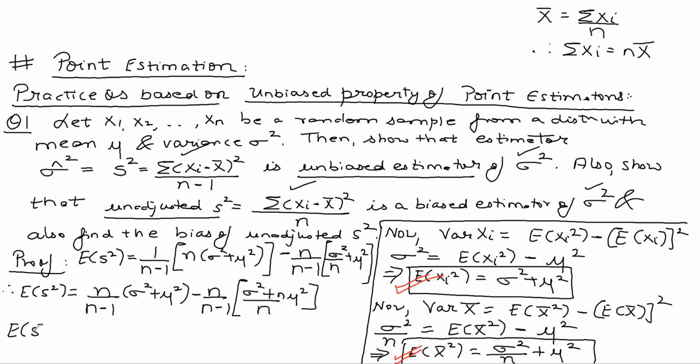Now guys, within these two terms, we can take n upon n minus 1 common. So sigma square plus mu square minus sigma square plus n mu square divided by n.